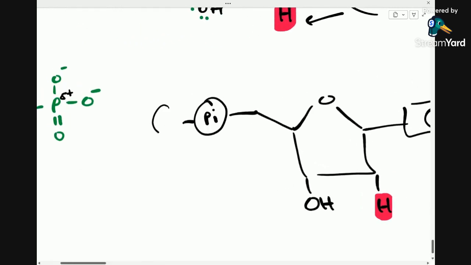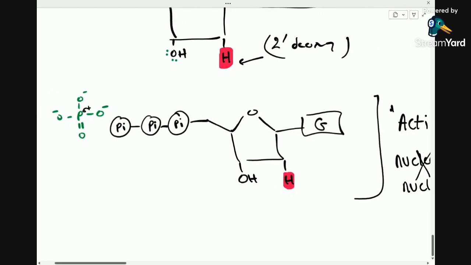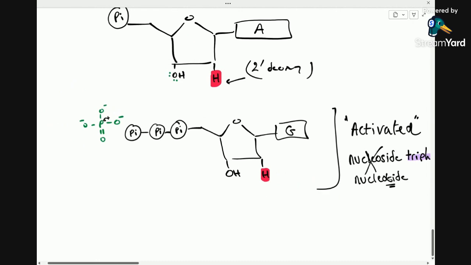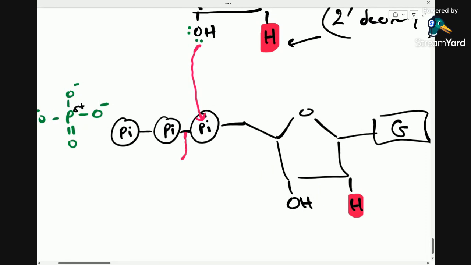So I'm now going to draw two other phosphates there. And that is a substrate for nucleophilic attack. So what will happen, if I change color, is my oxygen here will attack this phosphorus in the middle of this phosphate group, and I can now break off this bond here.